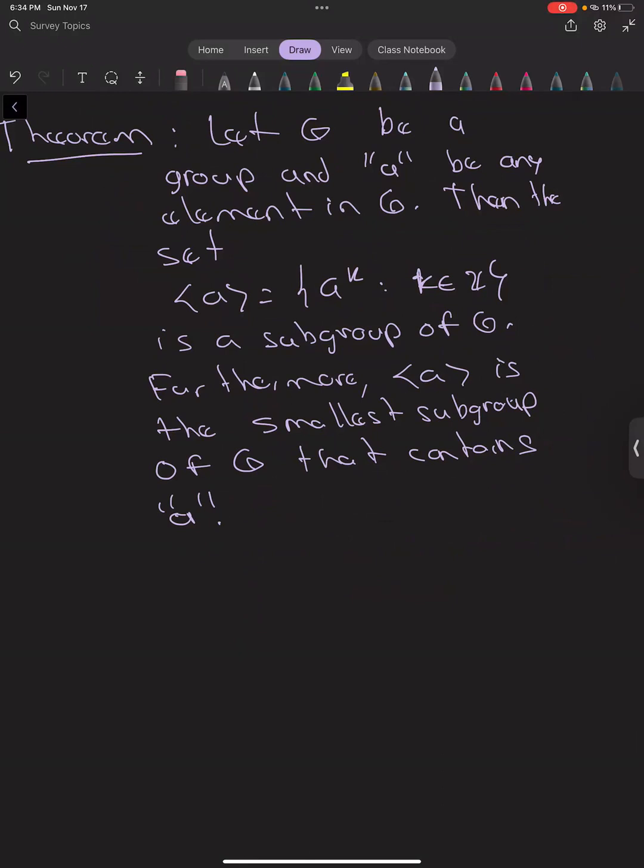So that's really important. Okay. So that gives us a lot of intuition to create subgroups.